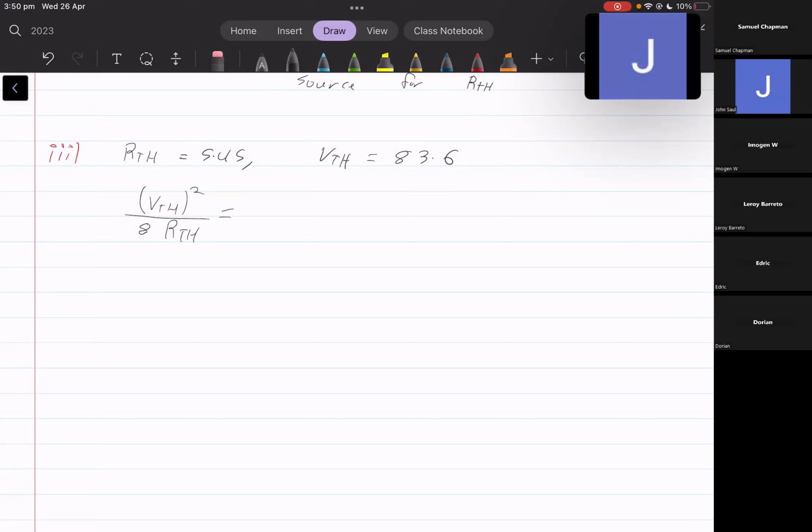So then we can just plug that in. Wait, sorry. This is 4 because it's not RMS. So then that gives us 320.8 milliwatts.